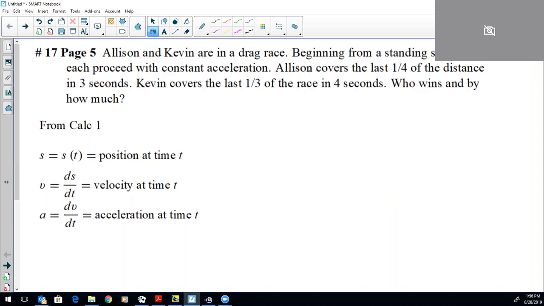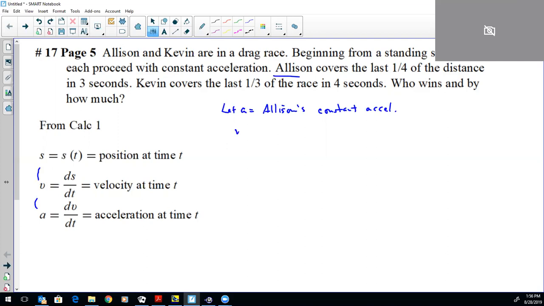So we're going to set things up from Allison's point of view. We know that she has a constant acceleration. So let A be Allison's constant acceleration. Now we're going to work our way backwards by taking antiderivatives.